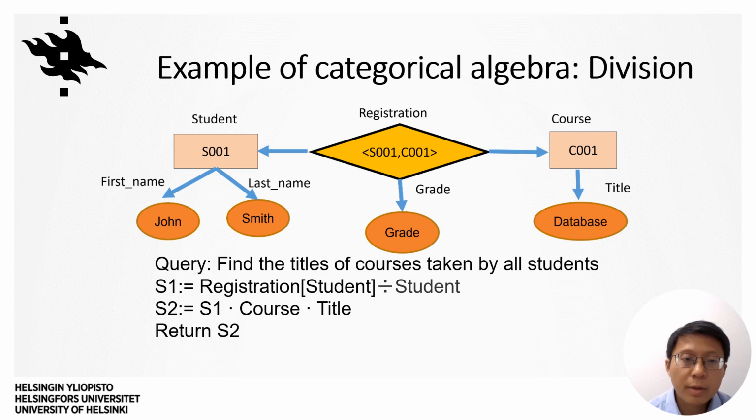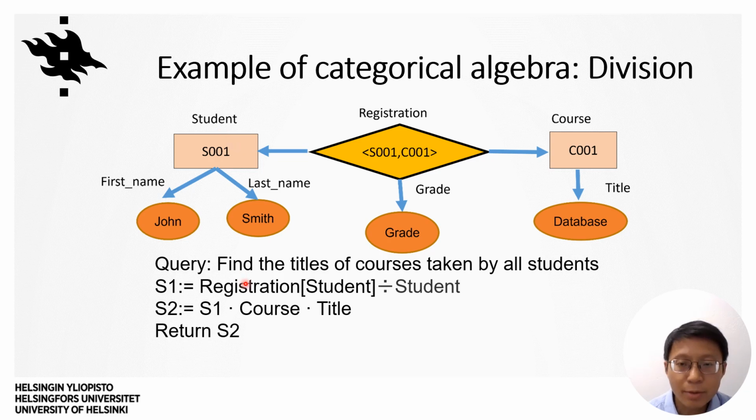Then in a second example, to find the title of courses taken by all the students, we use the division operator. So S1 means that for all the registrations by some students, we divide by all the students.